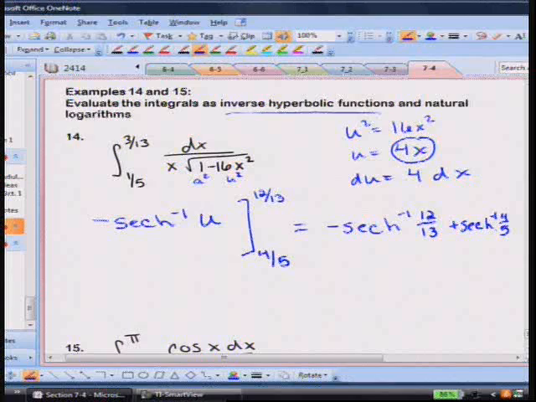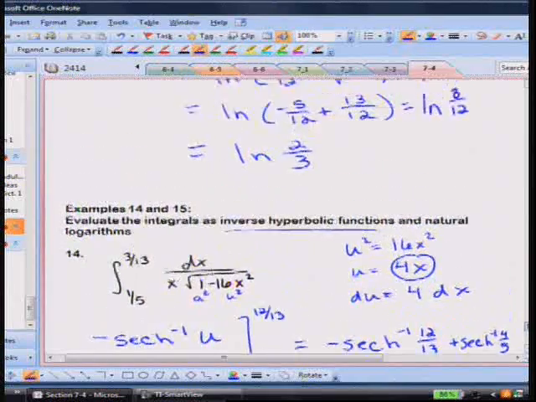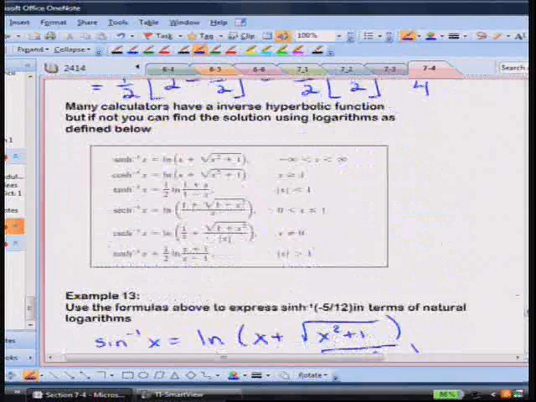Okay? And then they also want us to do this, cleaning it up in terms of logarithms. So you can leave it like that, or come in here. I think I might leave this part for y'all, but you're going to do it just like you did with your natural logarithm stuff.